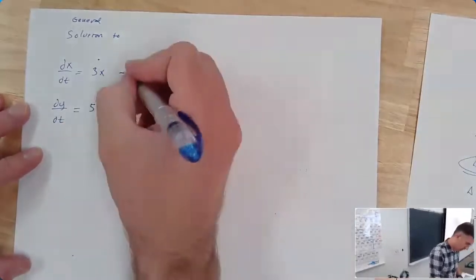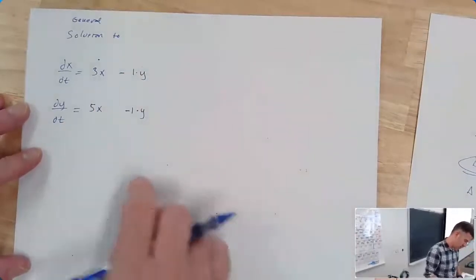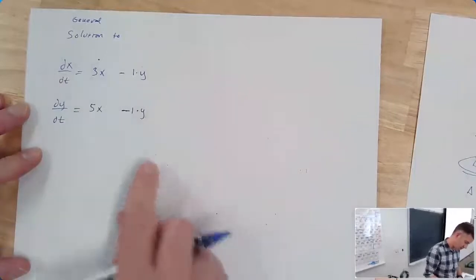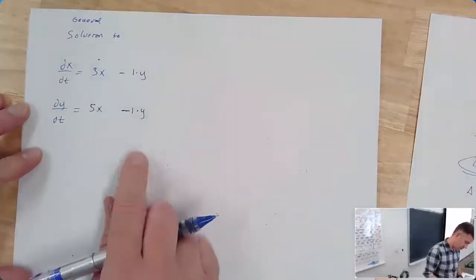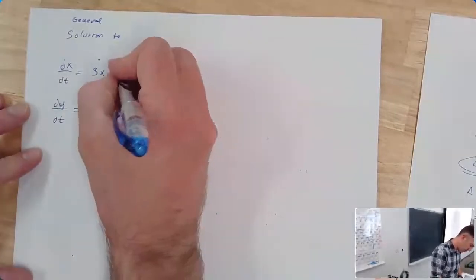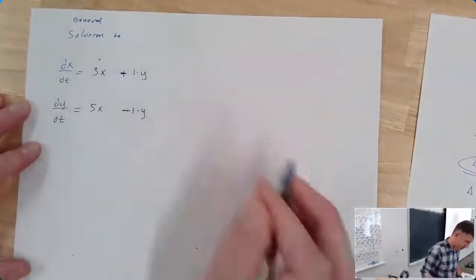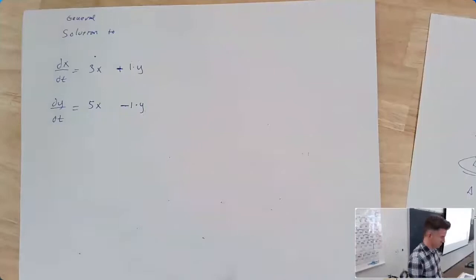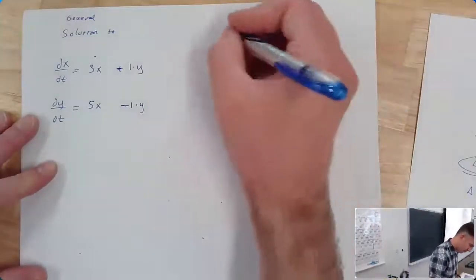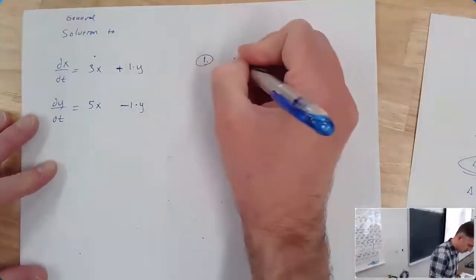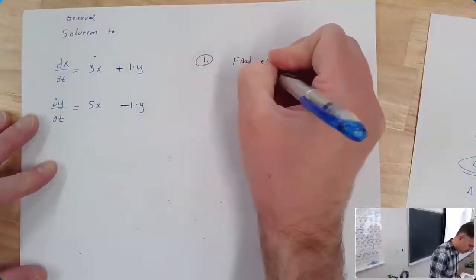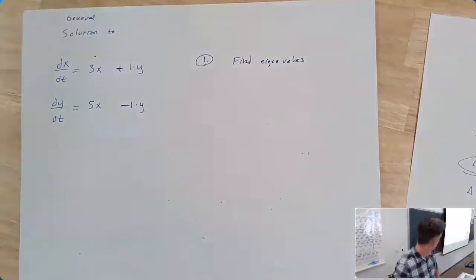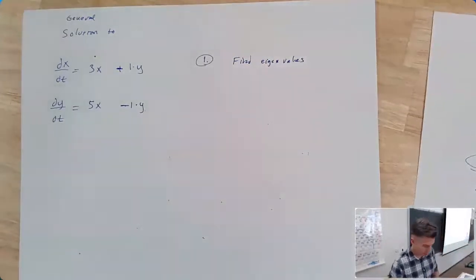Not going to work out, I think. Let me double check. 2, yep, and negative 3. Nope, I want that to be a plus. There we go. Okay, so find the eigenvalues. I'll give you a couple minutes.